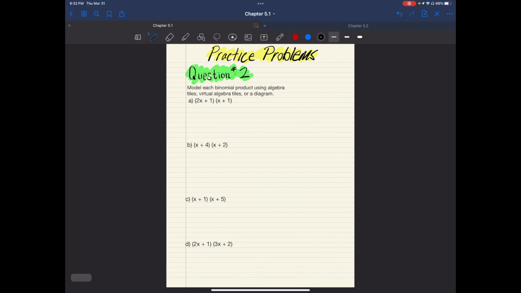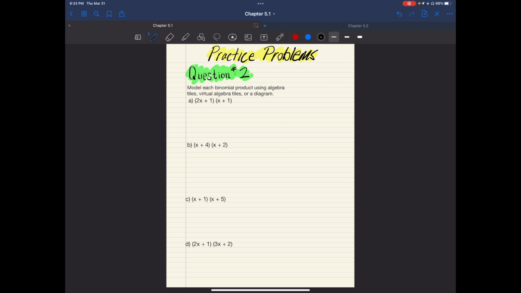Moving on to question 2. Model each binomial product using algebra tiles, virtual algebra tiles, or a diagram. So we'll use the tiles because it's a little easier. It's just like the opposite of what we did in question 1. So 2x plus 1 and x plus 1.